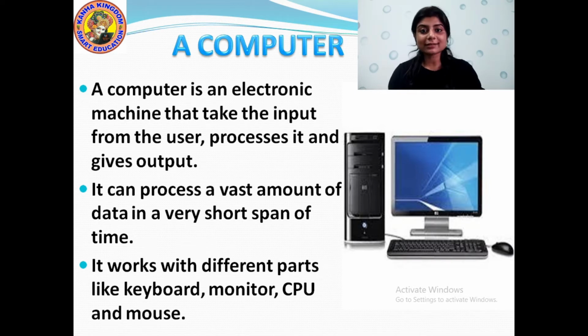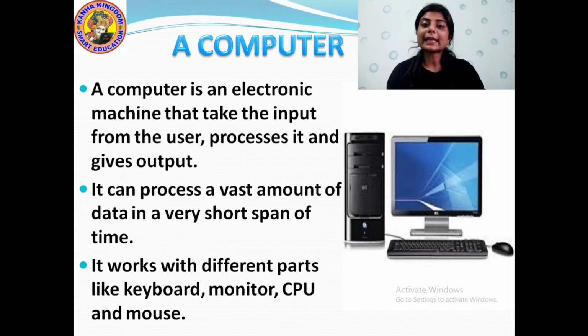Then it processes it. Process means the thing that you have given inside the computer, it works on it. And after working on it, it gives you the output. Output means result. Whatever you have given inside the computer to work on, it gives you the output. This is how a computer works.